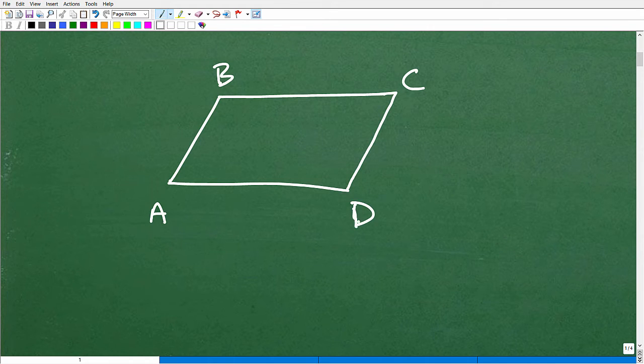What we're going to be talking about here is quadrilaterals, or polygons. Without getting all technical, polygons are basically closed-in shapes.